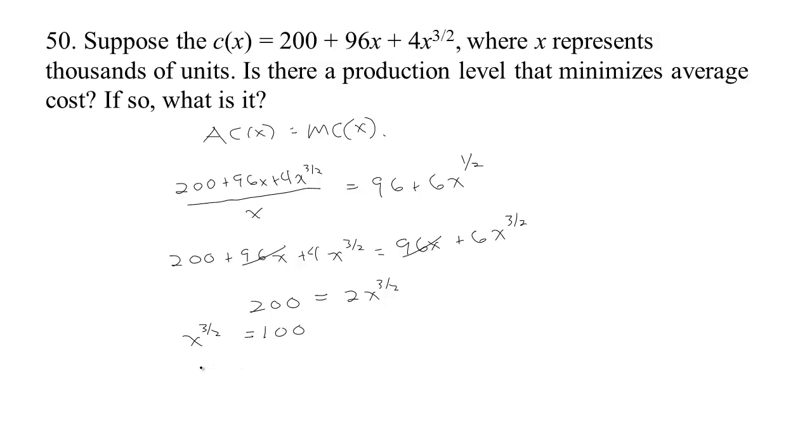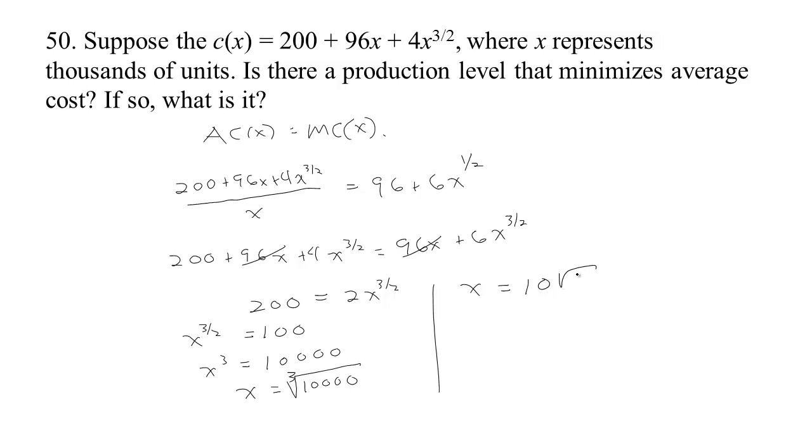If I square both sides, I have x cubed equals 10,000. And finally, x is the cube root of 10,000. So let's see. The cube root of 1,000 times 10, and the cube root of 1,000 is 10.